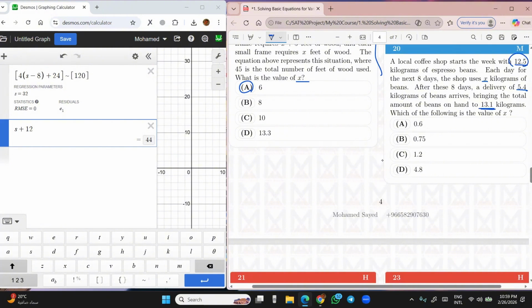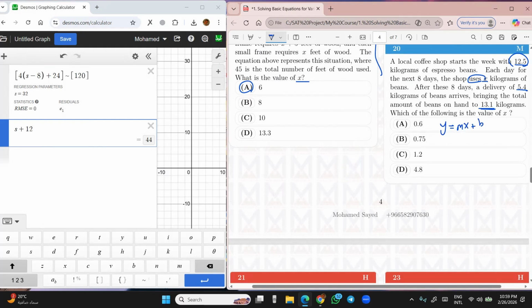So we start with 12.5, and then we use. What is the meaning of use? Use means minus. As you can imagine, if we have a full tank of gas, the more you drive the car, the more gas is used. Use means decrease. So here we need to consider y equals mx plus b as our equation.